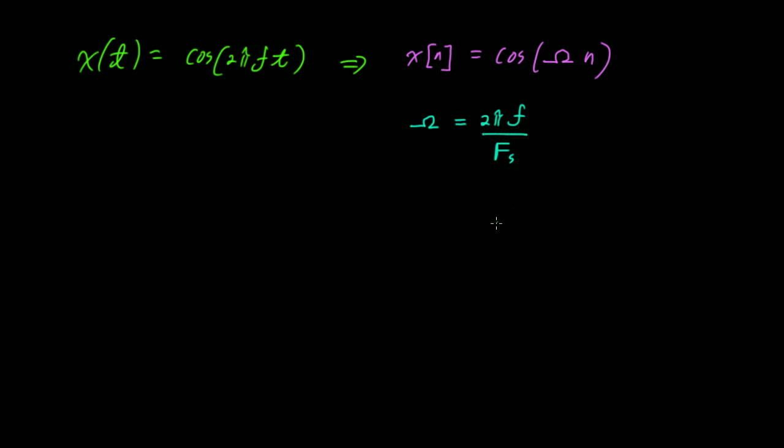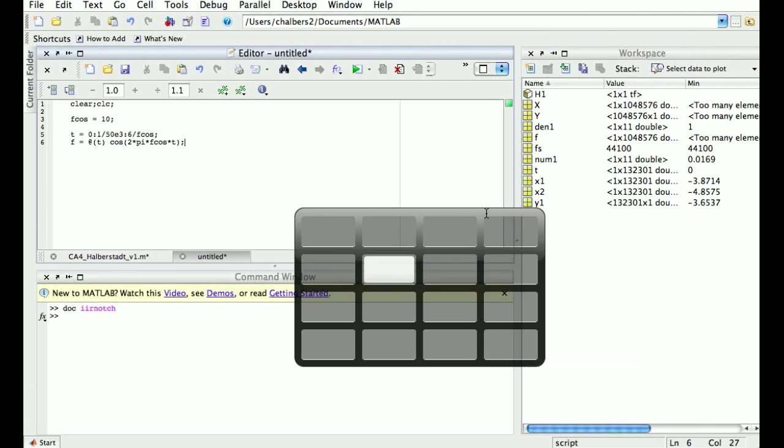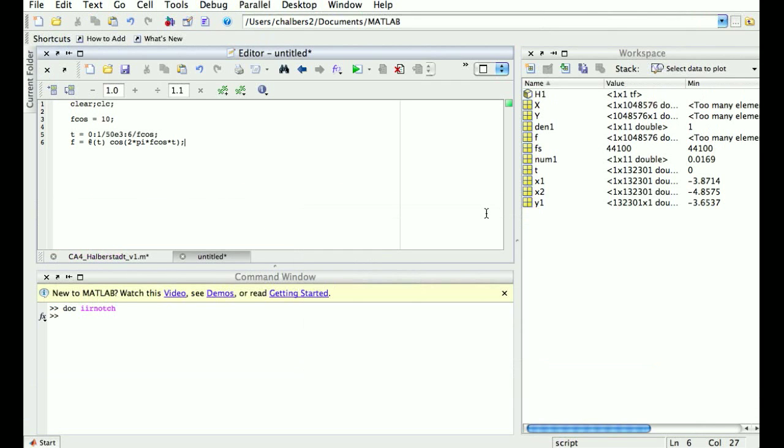So far, so good? Yep. Is n the sample number? N is the sample number. So if we want to convert between n and t, how do I do that?